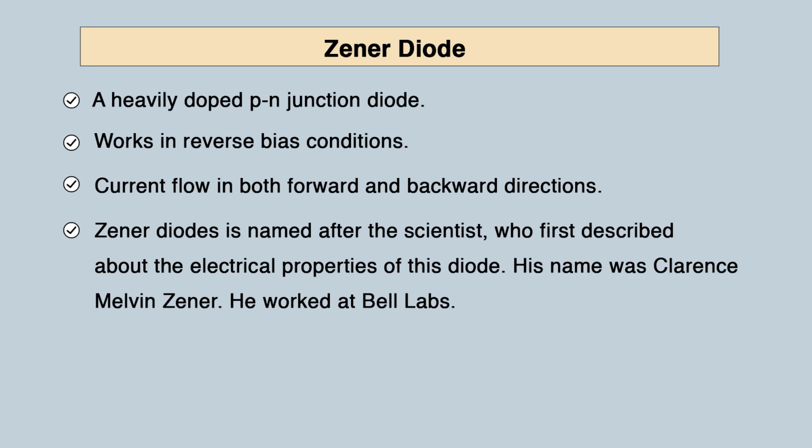Zener diode is named after the scientist who first described the electrical properties of this diode. His name was Clarence Melvin Zener. He worked at Bell Laboratories.